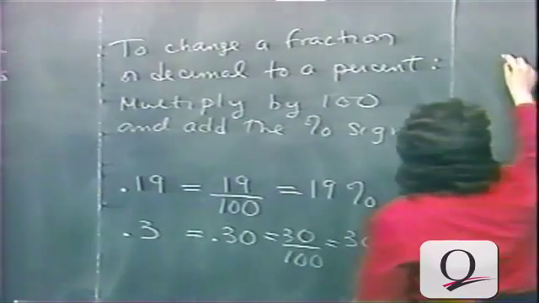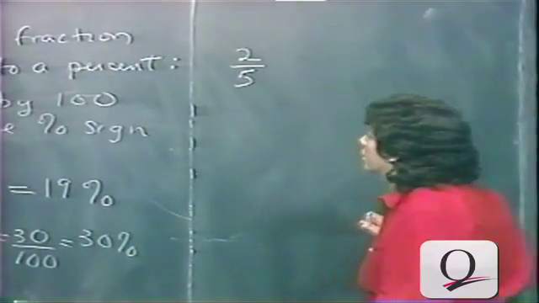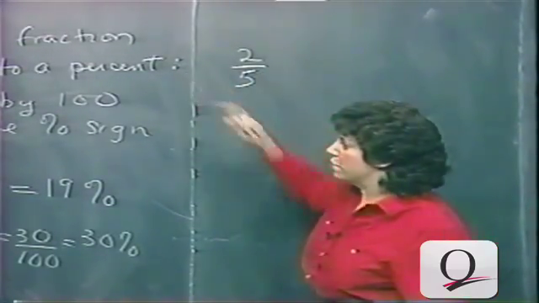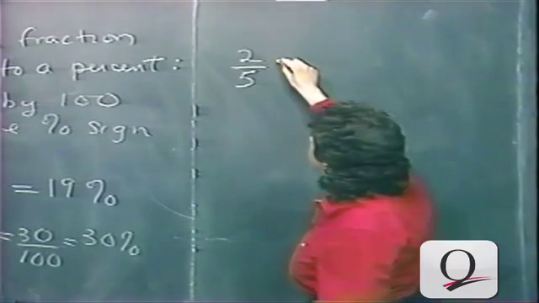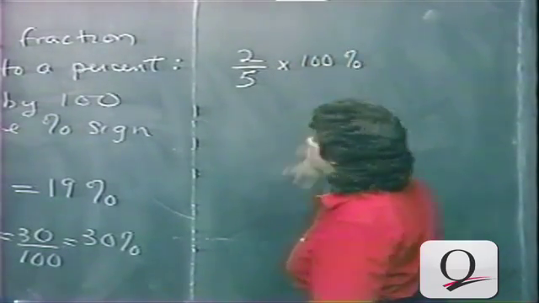Let's say we had the fraction 2/5. To change this fraction to a percent, we are going to multiply by 100 and add the percent sign.